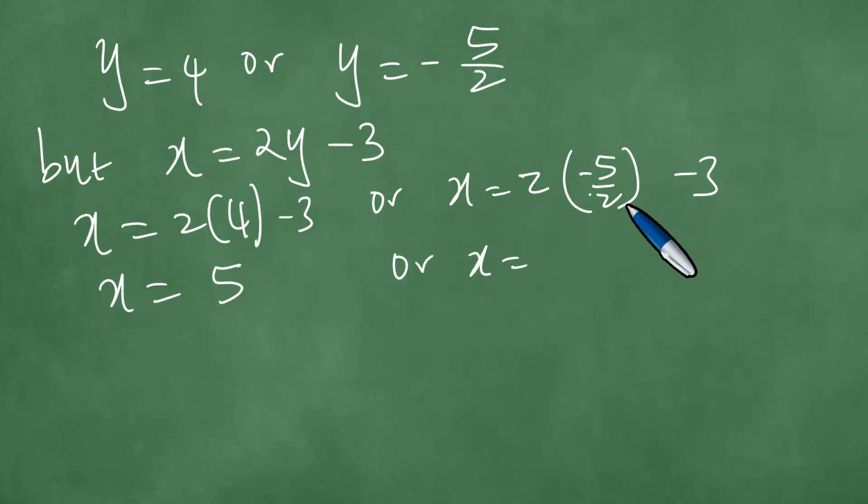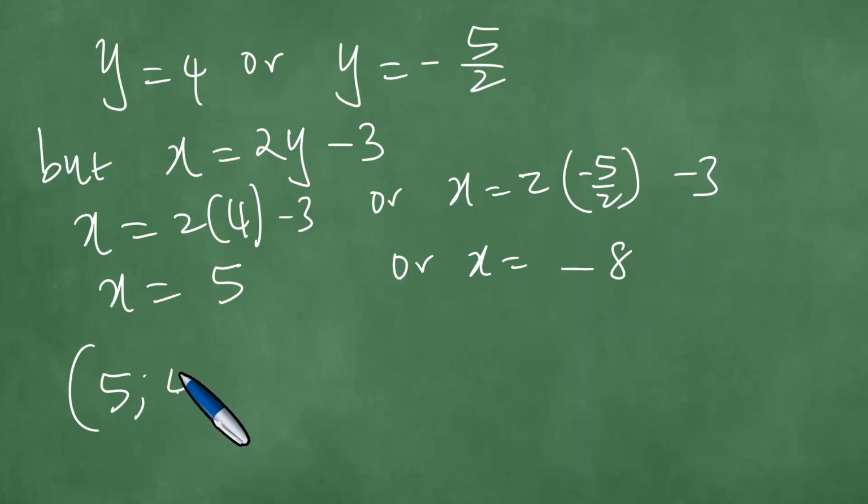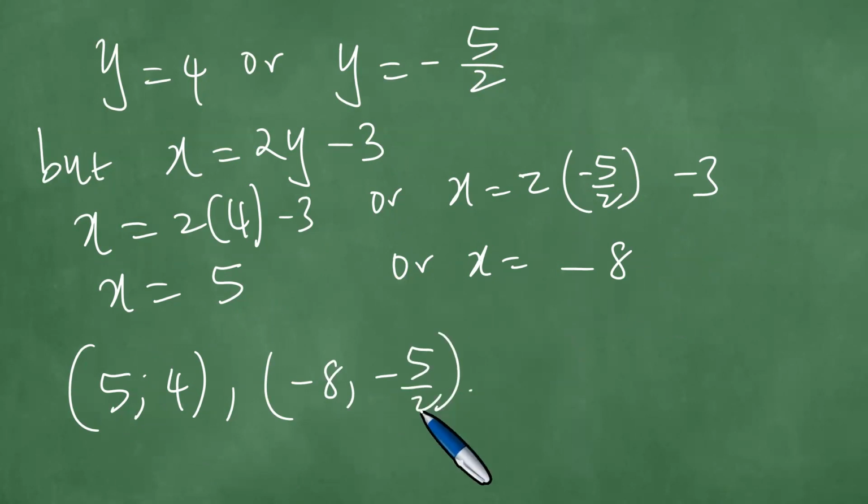When y is minus 5/2, the 2 cancels, giving minus 5 minus 3, which is minus 8. Whenever x is 5, y is 4. Whenever x is minus 8, y is minus 5/2. So these are the solutions.